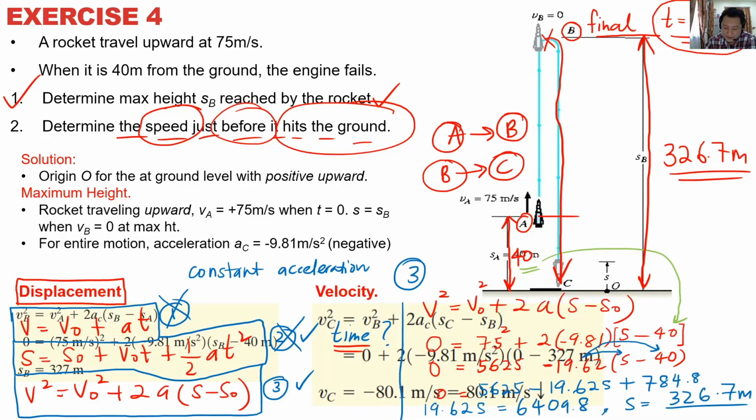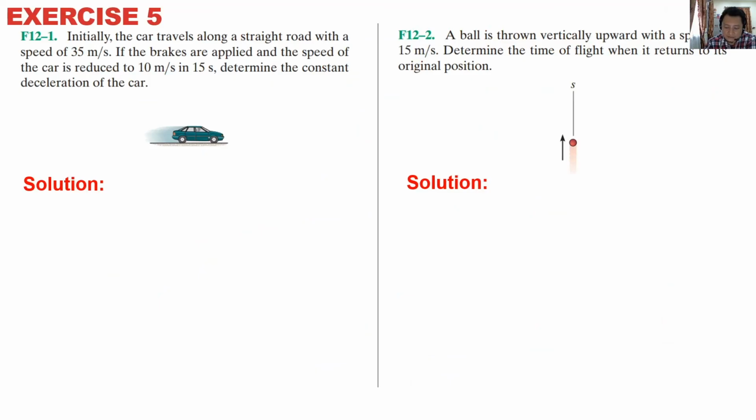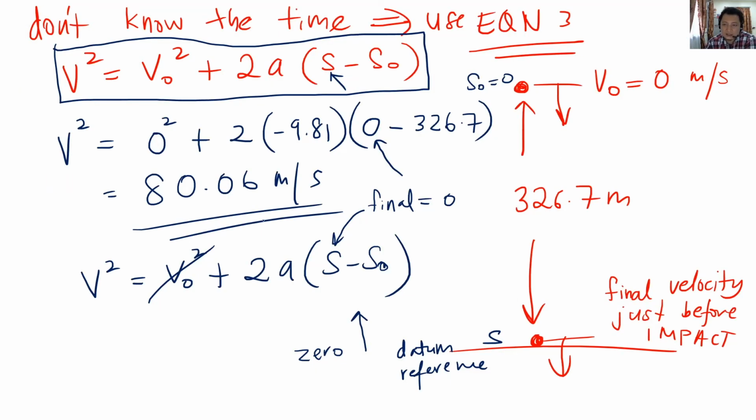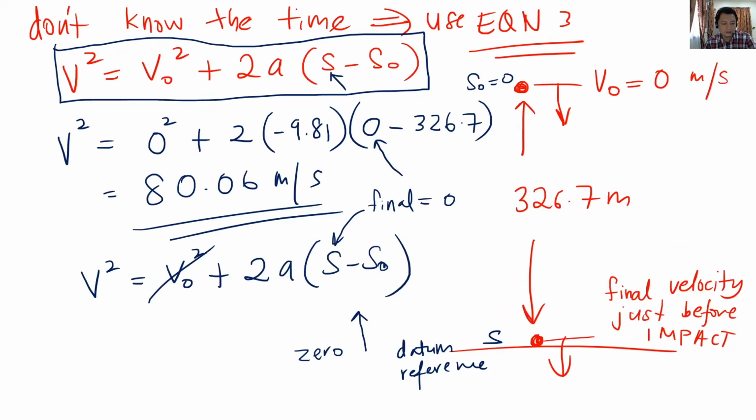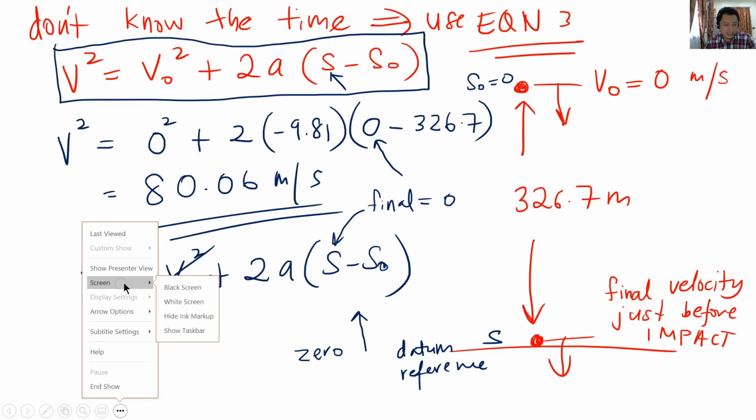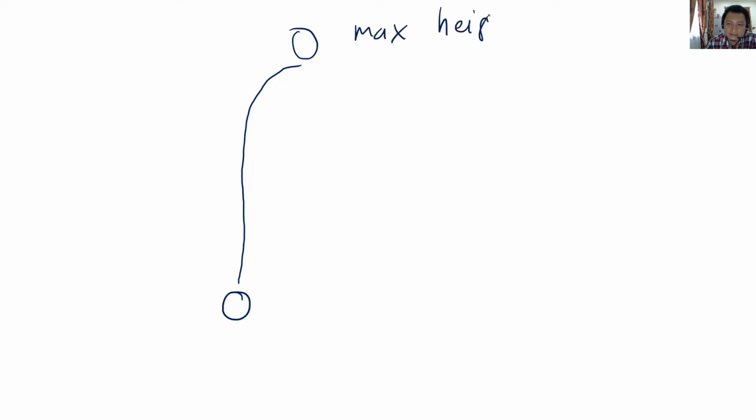Okay. So, what is important for you to know? The important thing is I'm going to need to add one more page. Oh, what is this? Screen, white screen. The important thing is like this. You have a ball. It goes up. Maximum height. Let's say ball ni originally ada velocity kan? Berapa tadi? Bukan ball, rocket. 75 meter per second.